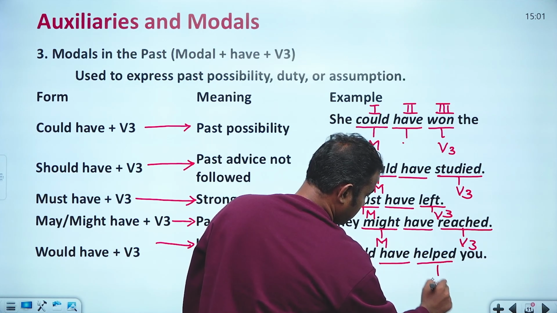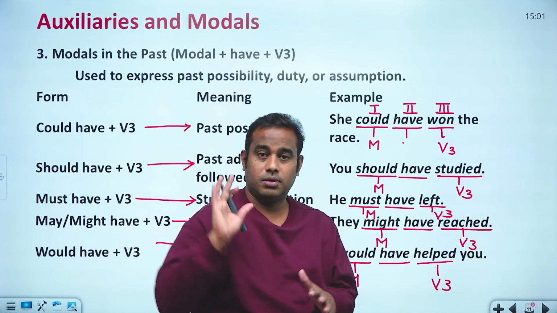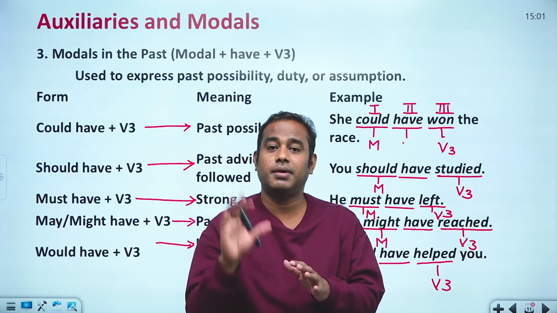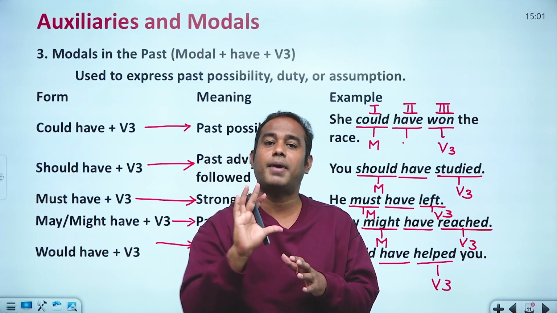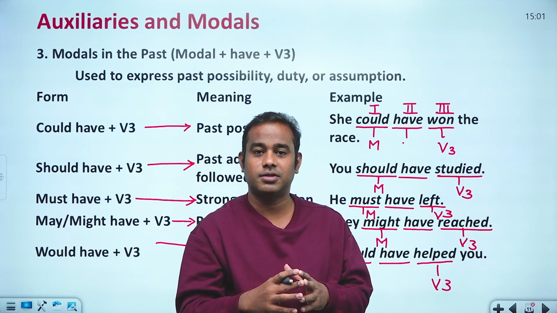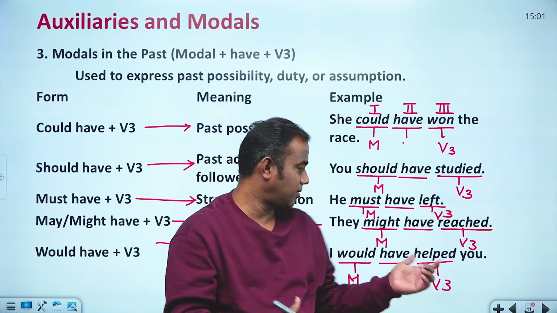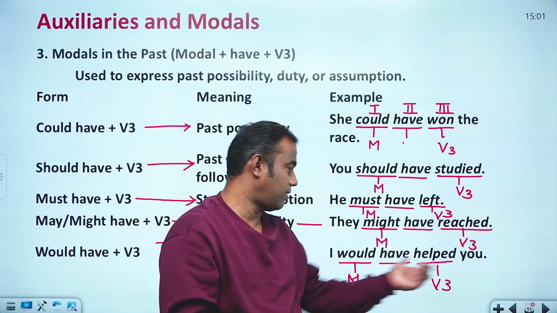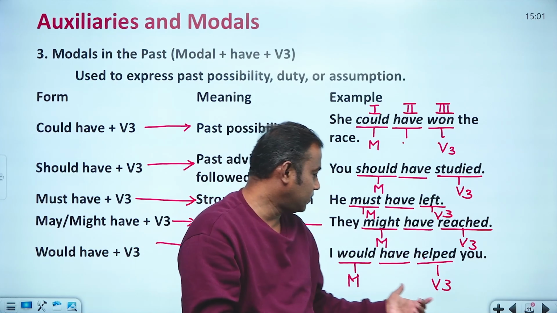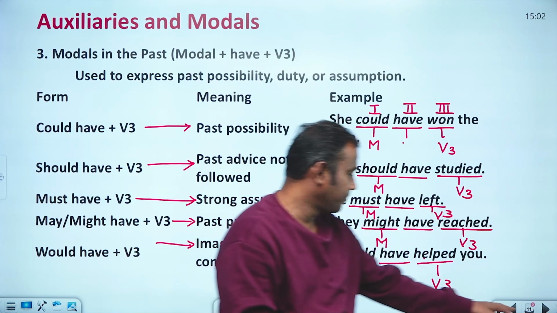It means that it is not so; in the past you have not done that. Many people generally promise like this, right? I would have given you, I would have done that, I would have helped you. So this is just a past imagination, an imaginary past condition. So that's it.